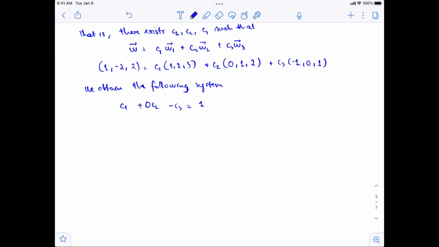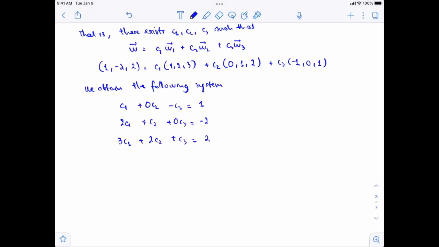Right, and we're going to follow with the second and third equations in the same manner. That is, 2 times C1 plus C2 plus 0C3 equal to -2. And the last equation is 3C1 plus 2C2 plus C3 equal to 2.